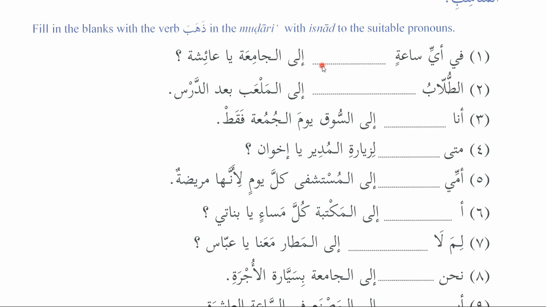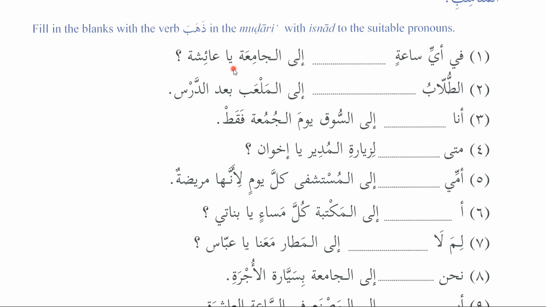In order to do that, always read the sentence and you will get your clue. So in this sentence, fi ayyi sa'atin dash ila al-jami'ati ya Aishatu. This is your clue. Ya harf nida is your clue. What type of damir are you going to use?